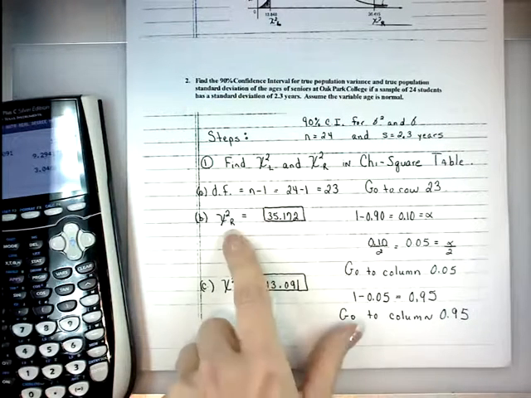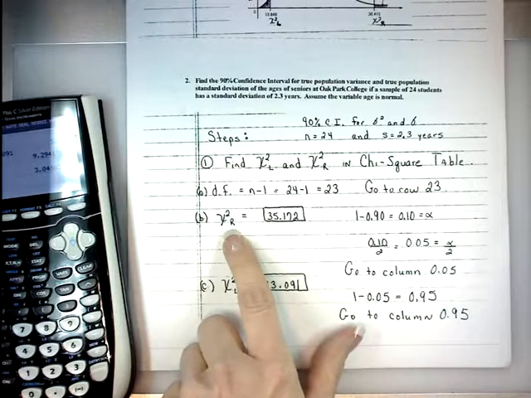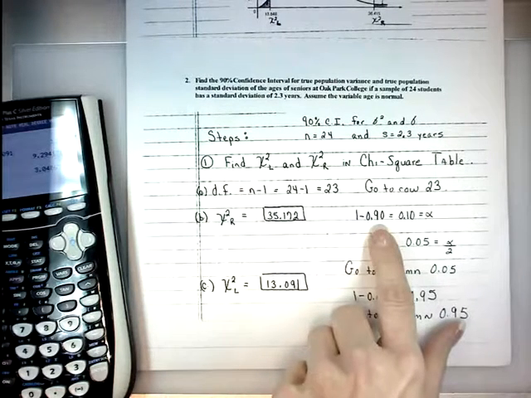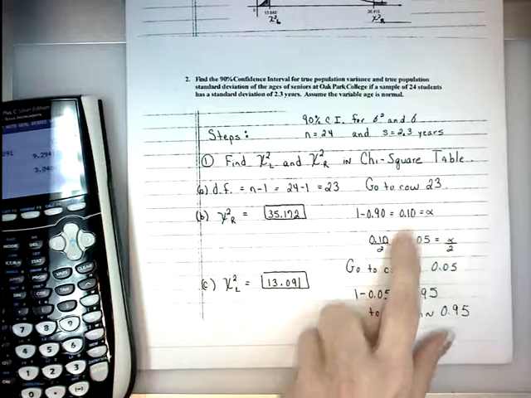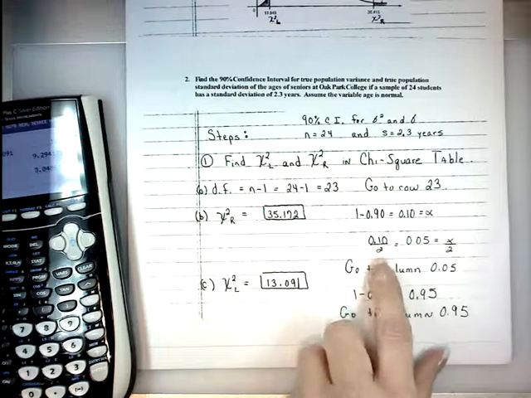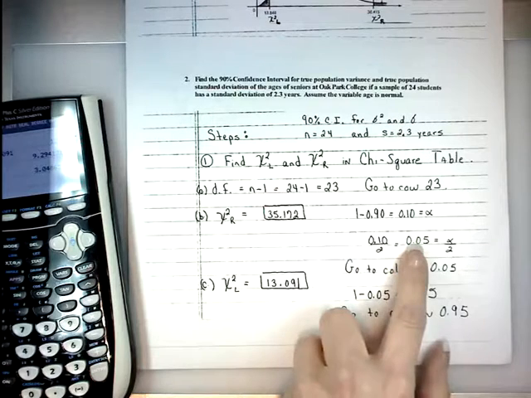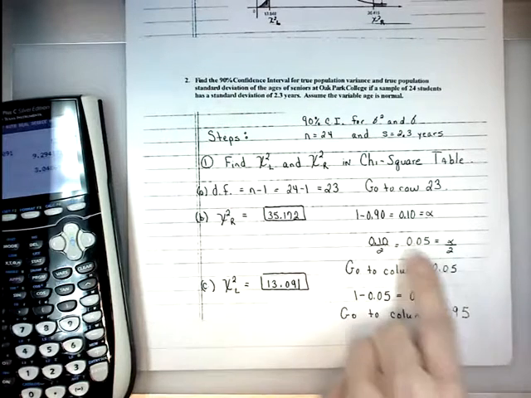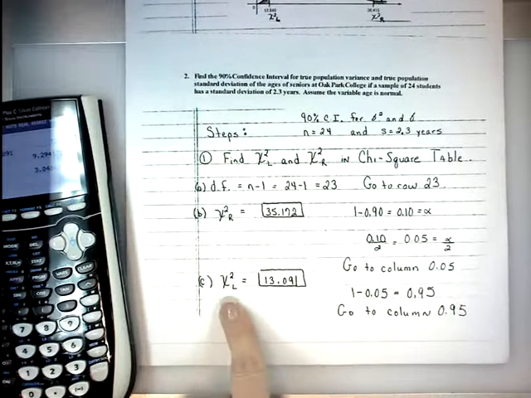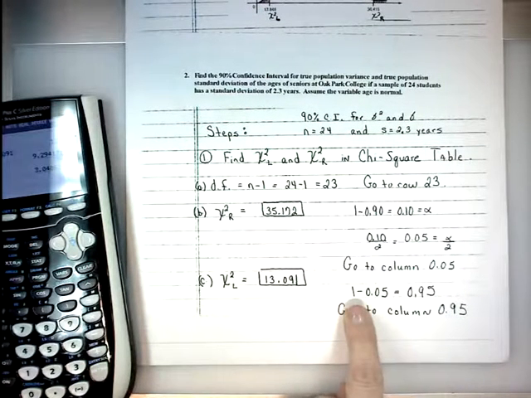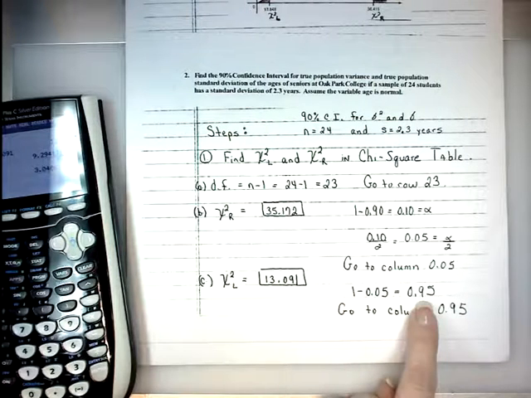The column that you go to here for chi-square from the right, you go 1 minus your degree of confidence, which is 10%, the area in both tails. And then each tail has alpha over 2, which is 5%. So for chi-square from the right, go to column 5%. Chi-square from the left is going to be 1 minus alpha over 2, or 1 minus the 5% here, which is 95% above it.